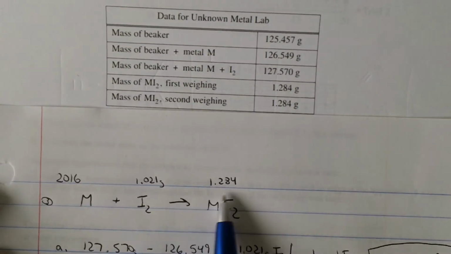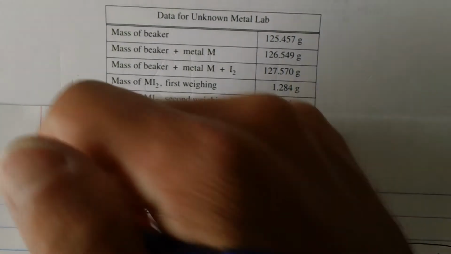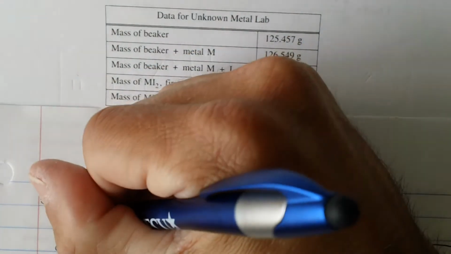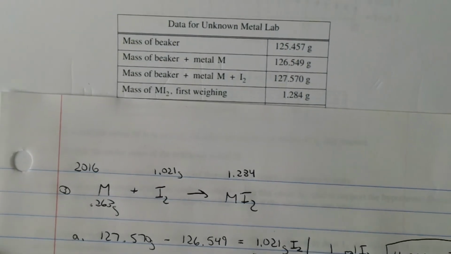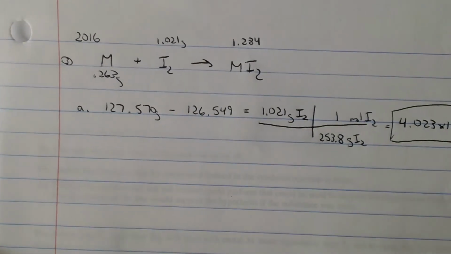So there are my masses of those two things, which means I also know the mass of the metal here at the end of this if I subtract those two off. So 1.284, forgive me, I'm doing it on a calculator right now, 1.284 minus the 1.021 gives me 0.263 grams of my M. I want grams per mole, so if I can figure out, I got the grams, I can figure out how many moles of the M I have, then I'm in great shape.